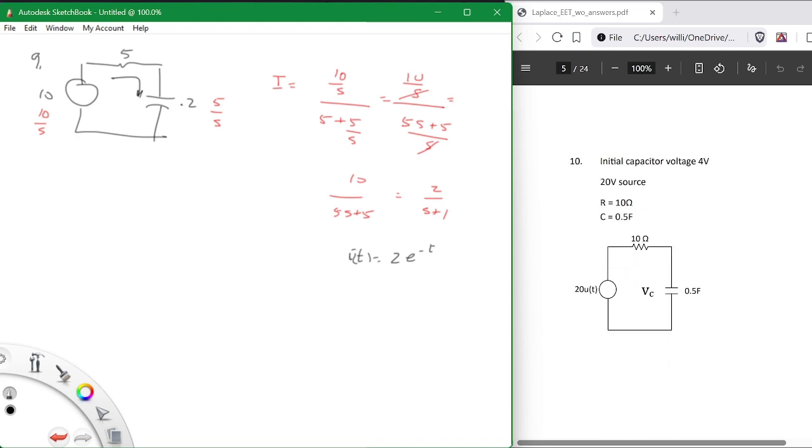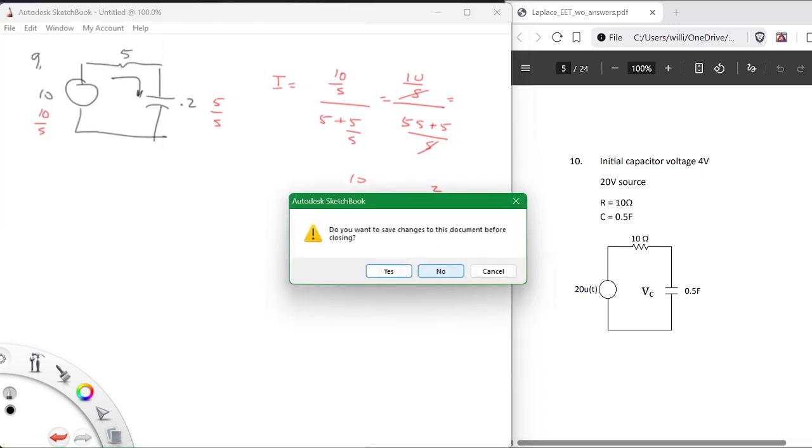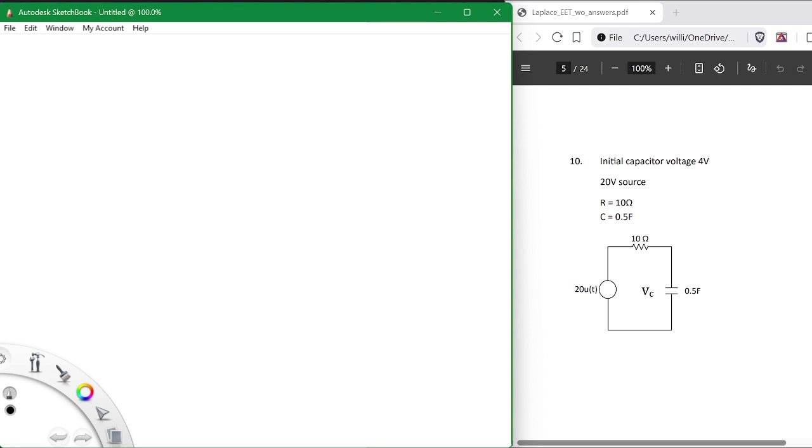Okay. Again, initial charge on the capacitor. Number 10. And I'm not doing these for my health. I'm doing them so that you can look at them and you can work them as well.